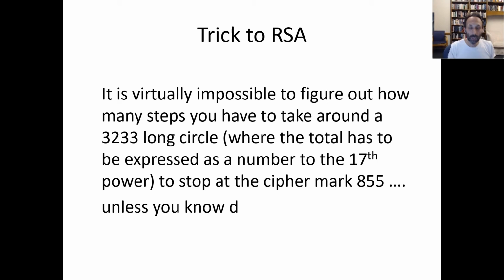The only way you could really do it is if you knew D. Obviously you could do it with these small numbers, because computers are powerful enough. But I'll show you the kinds of numbers that are used now. It is just mind-boggling.